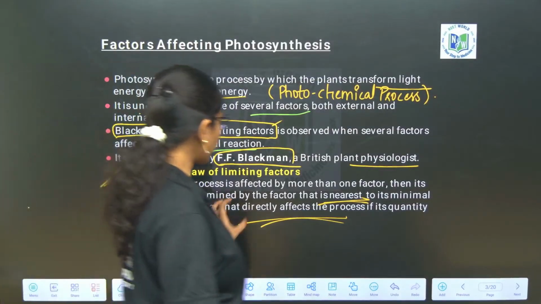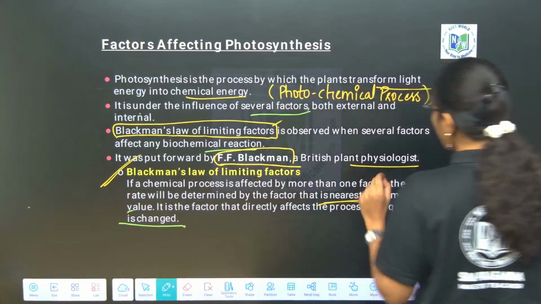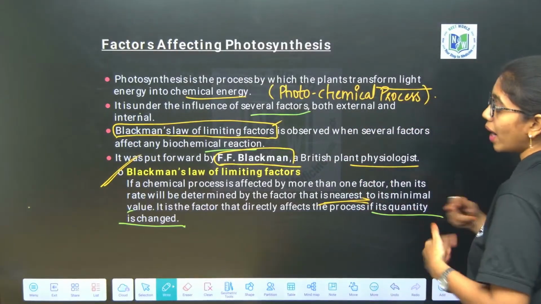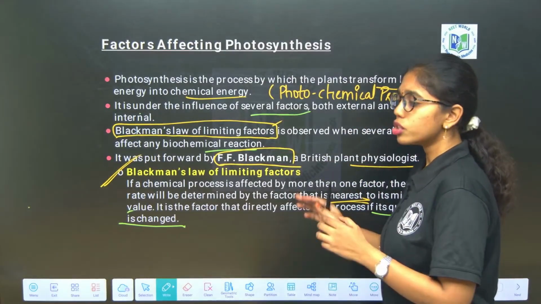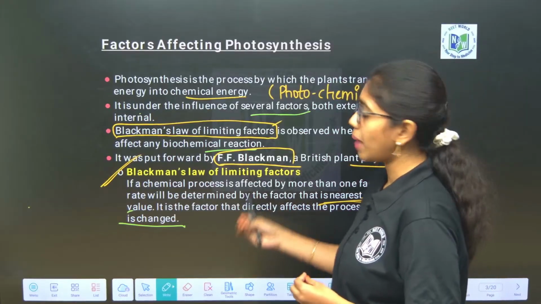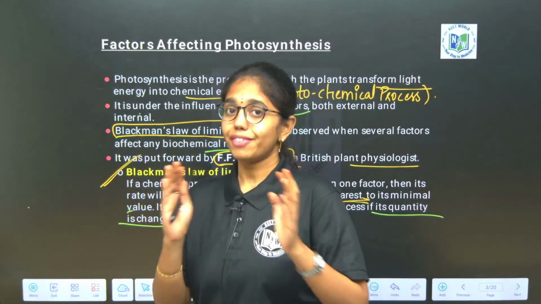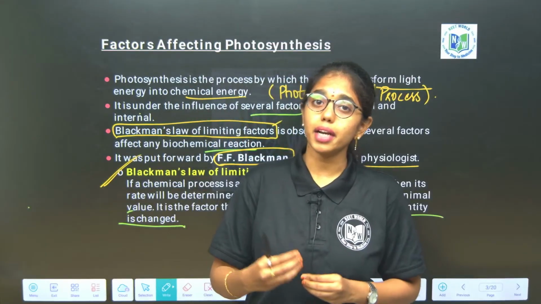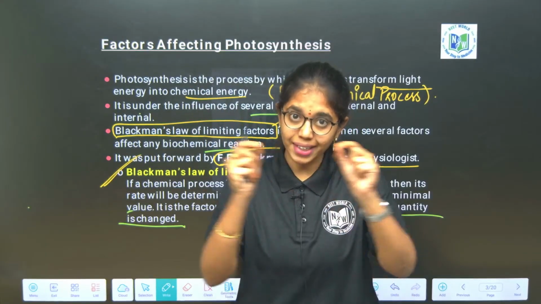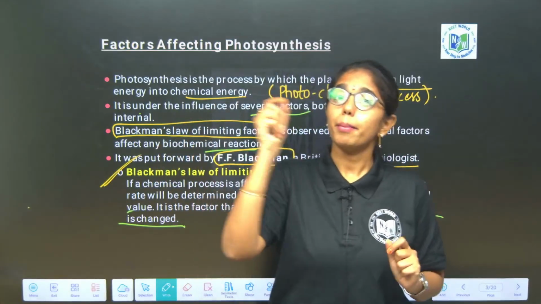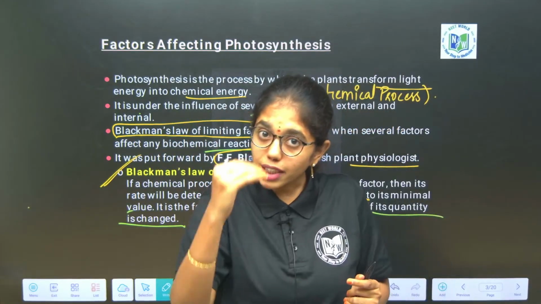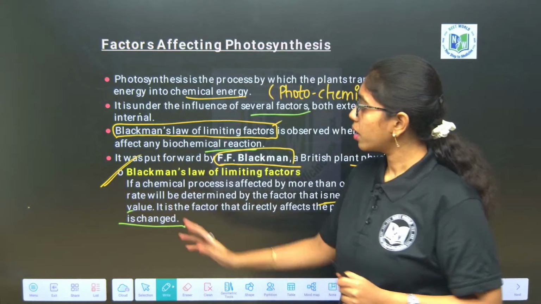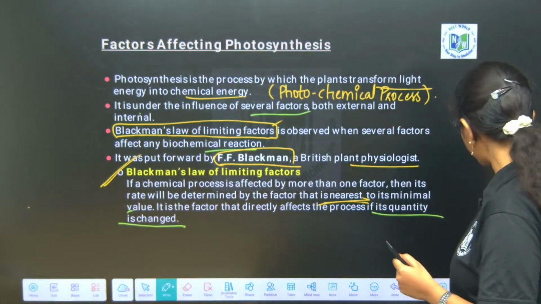In gist, if any biochemical process is affected by multiple factors, then the entire process is decided by that factor which is closest to the minimal value.